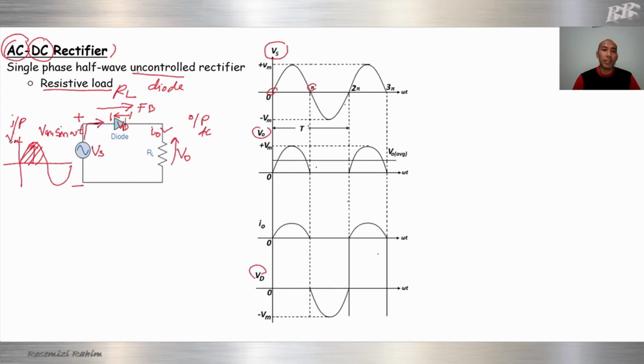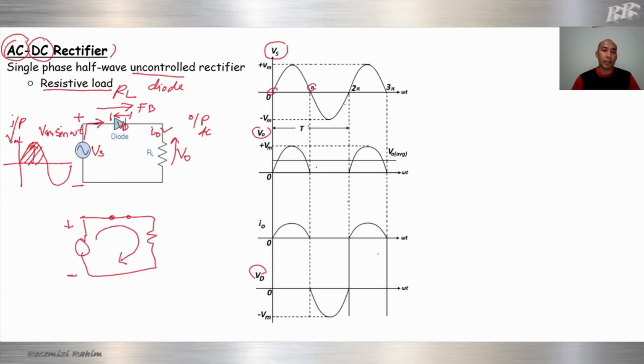We can see that the diode and the current are in the same direction, which means this diode will be forward biased. When the diode is forward biased, it looks like a switch on, so current can flow.